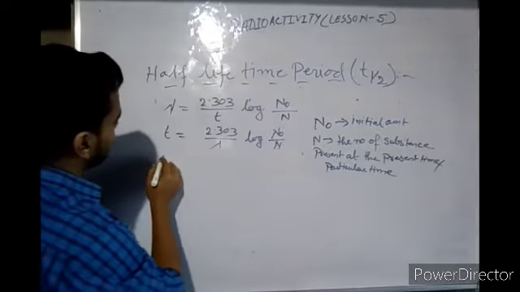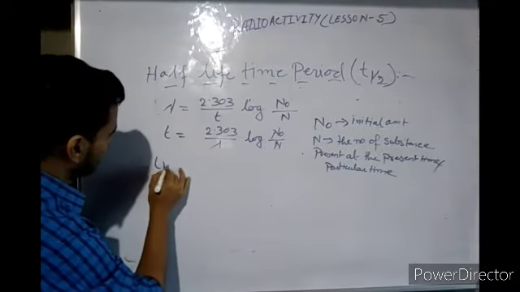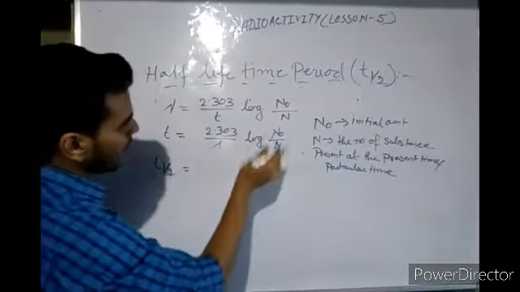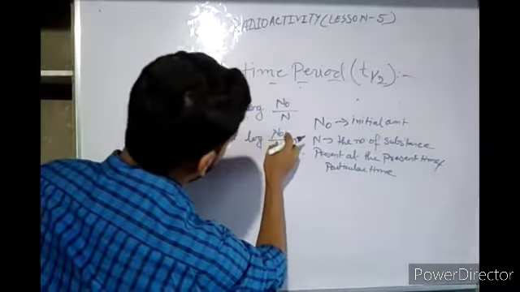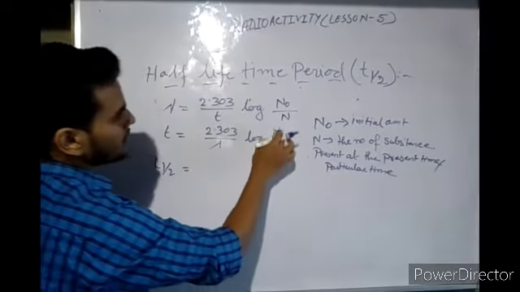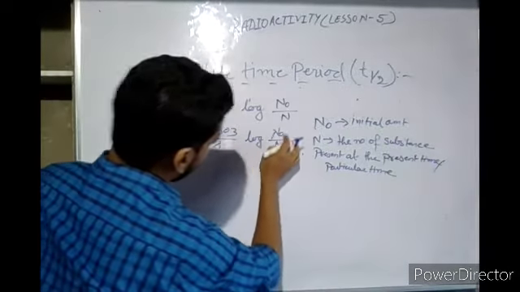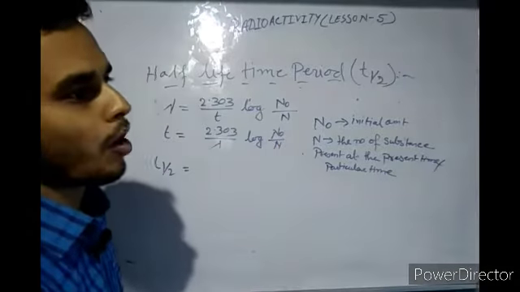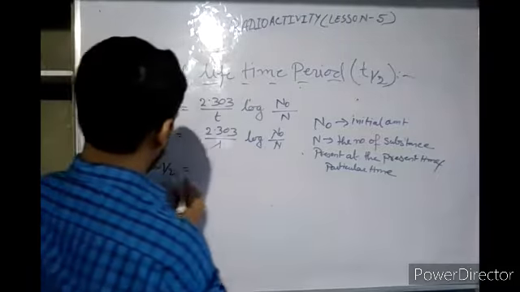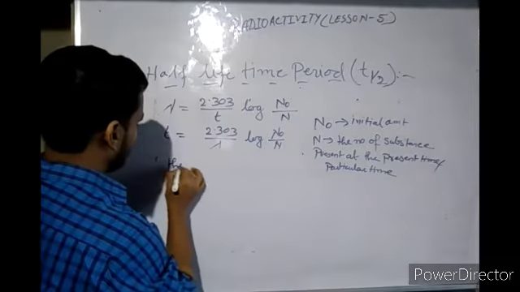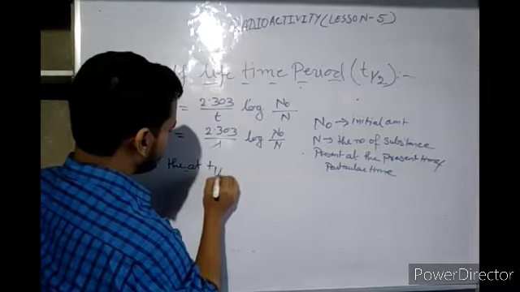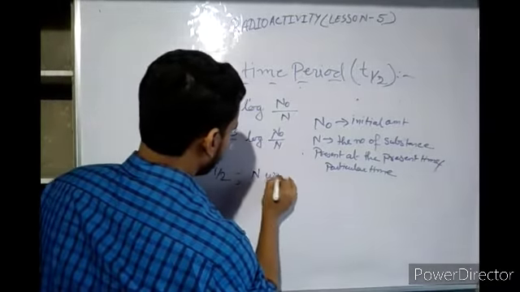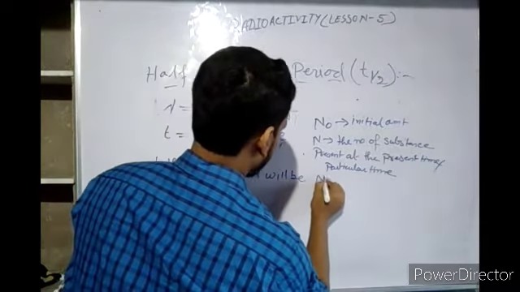If the time becomes half-life, then N will be half of N0. N0 is the initial amount, and at T half, N will be half of its initial amount. Then at T half, N will be N0 by 2.